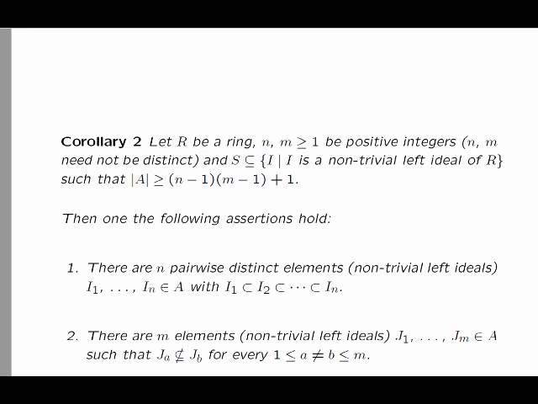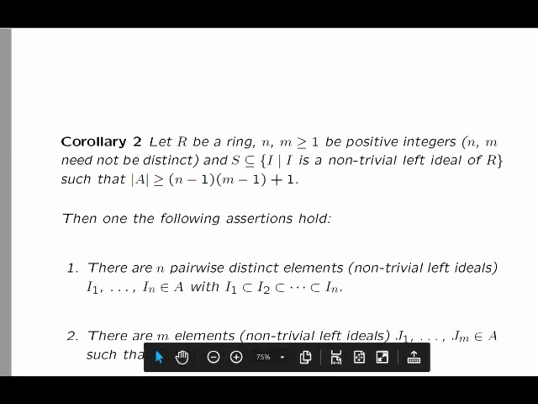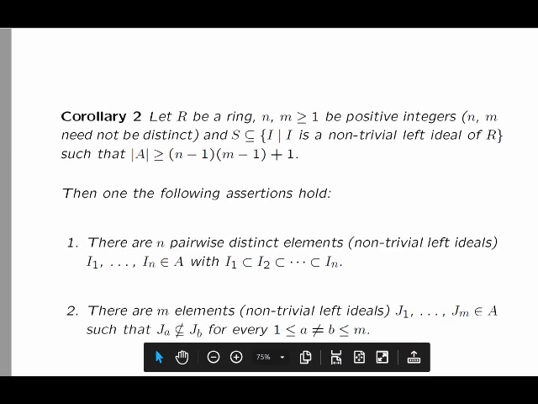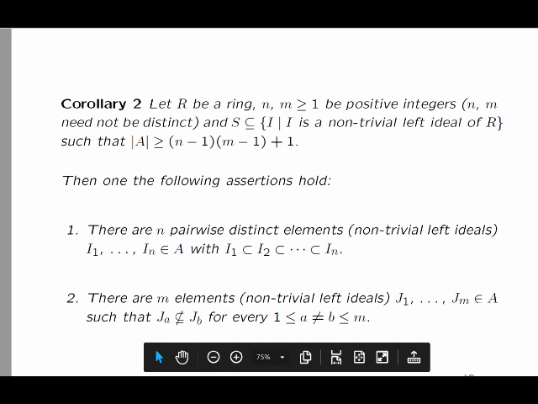Then one of the following must hold. You should have exactly n ideals where I1 is a subset of I2 is a subset of In, or there are m ideals where none of them is contained in the other.